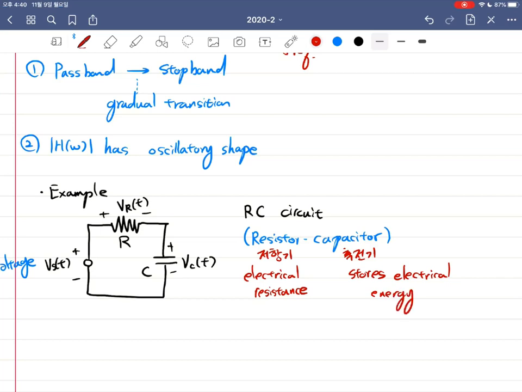Okay, just a brief introduction of the RC circuit. But I want to focus on the property that this RC circuit can be used as a filter. And with the derivation, it will end up being the approximated version of the low-pass filter and also the high-pass filter.